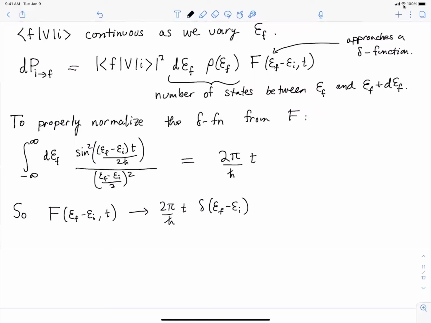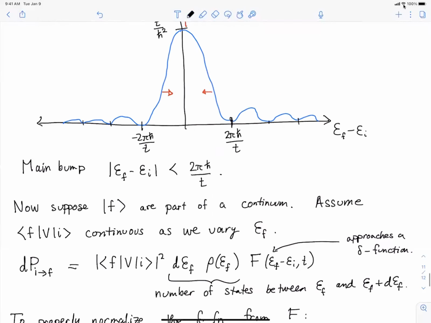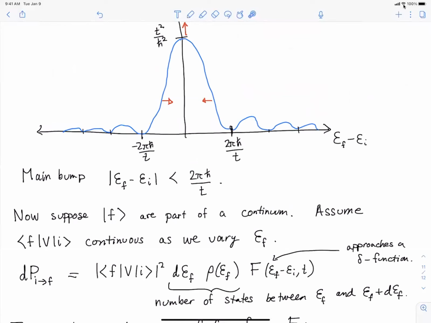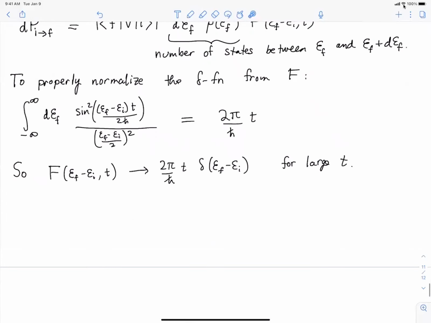The arrow means this works for large times, because it's only at the large t limit that this thing starts to act delta function-like, because it's getting taller and skinnier. Okay, so this is our rule for how to deal with our function f.